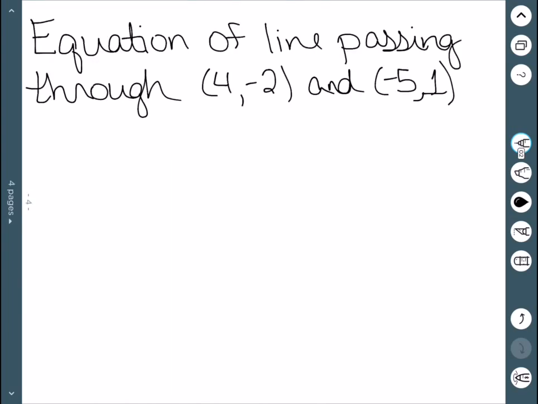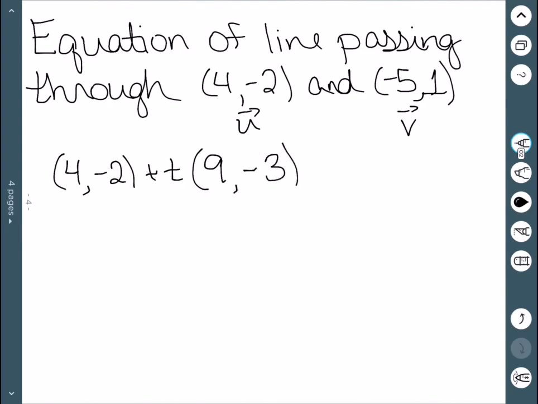Let's consider the equation of the line passing through these 2 points. Well, we'll call the first one u and the second one v. Then our equation is u plus t times (u minus v). 4 minus negative 5 is 9, and negative 2 minus 1 is negative 3.